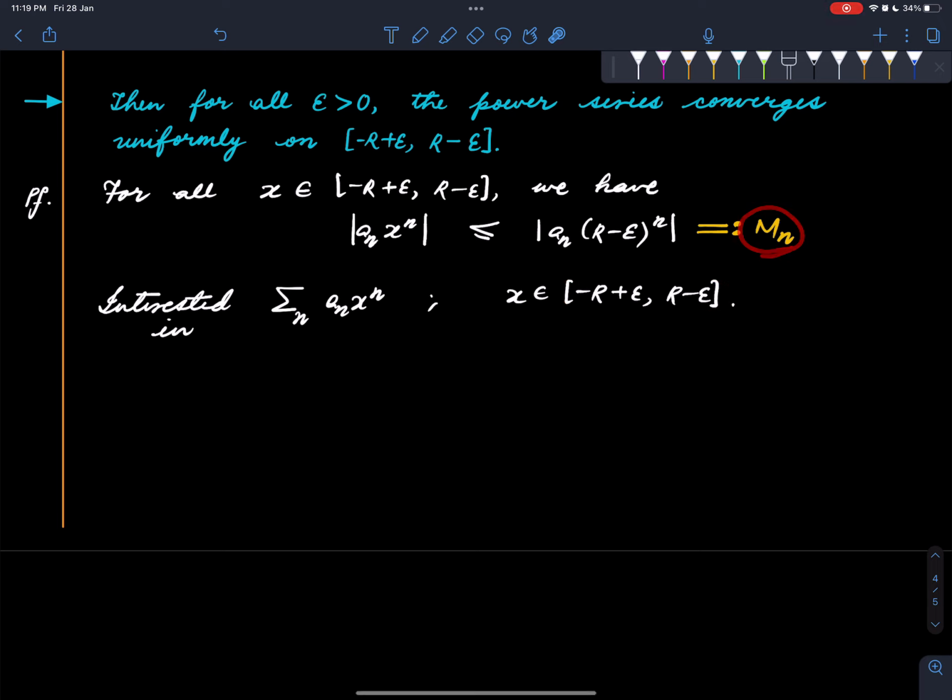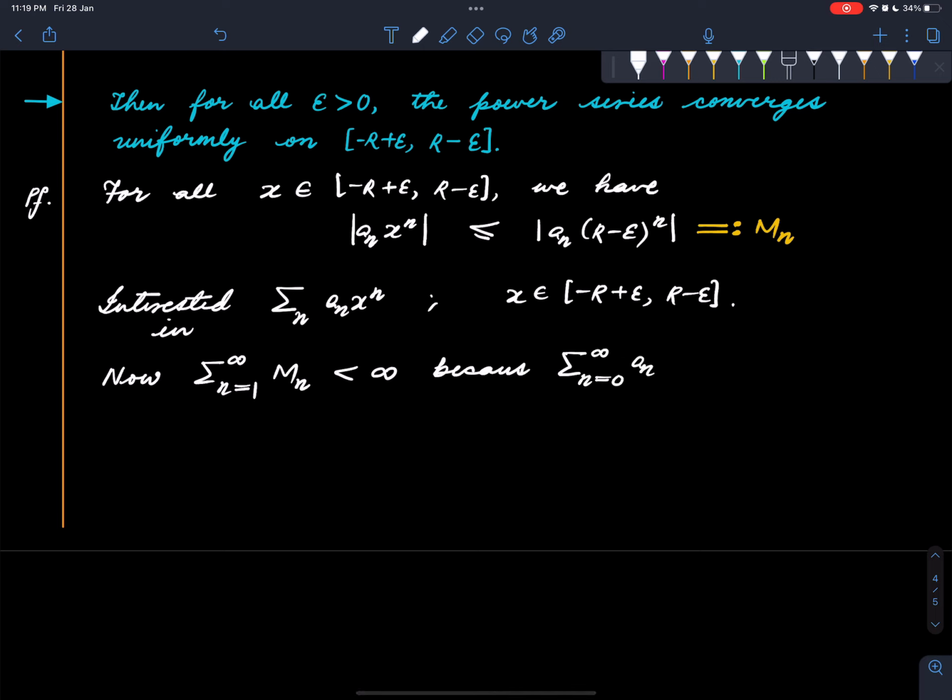So this is our M_n, and now this summation is finite because the original power series that we have is absolutely convergent at x equals R minus epsilon.